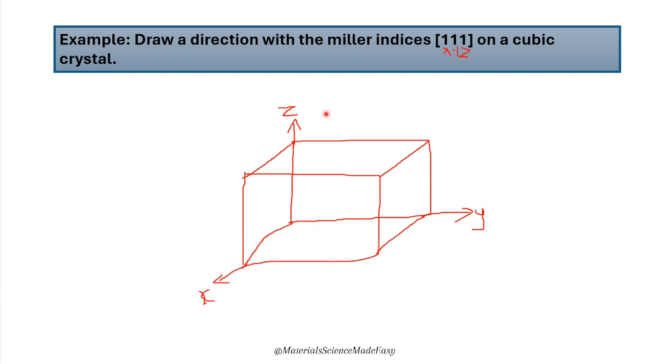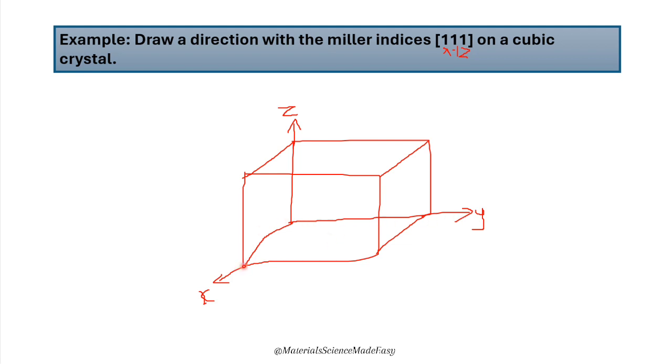Once I've labeled my X, Y, and Z axis, I then move distances along the X, Y, and Z axis, which are equal to our Miller indices. So I move once in the X, once in the Y, and once in the Z. That's once in the X direction.